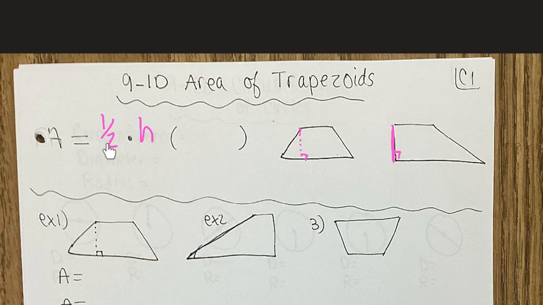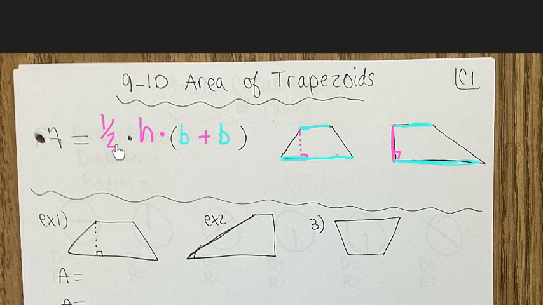So we're going to take 1/2 times the height times two things added up. The two things that we're going to add up are the two bases. So this number and this number, or this number and this number.